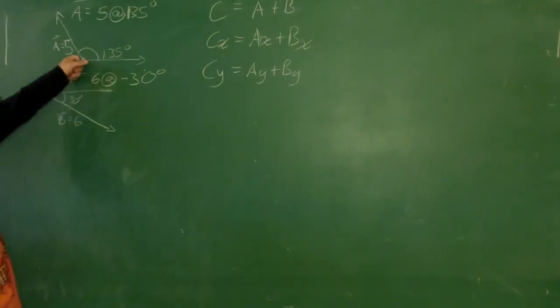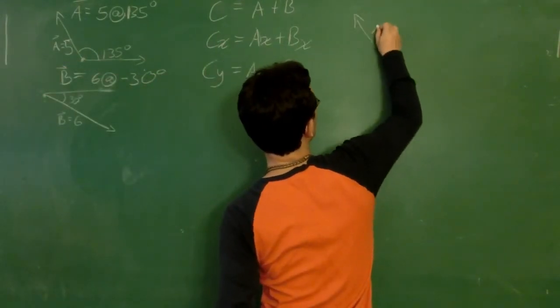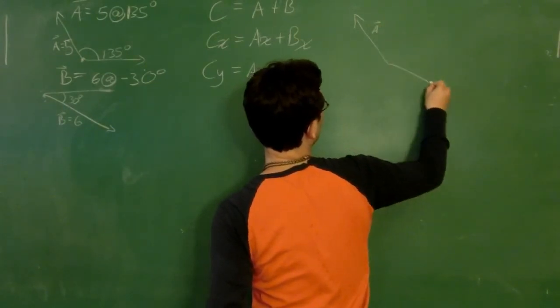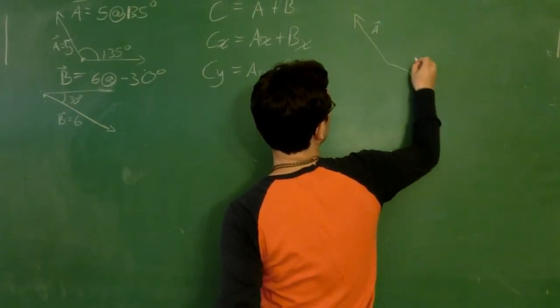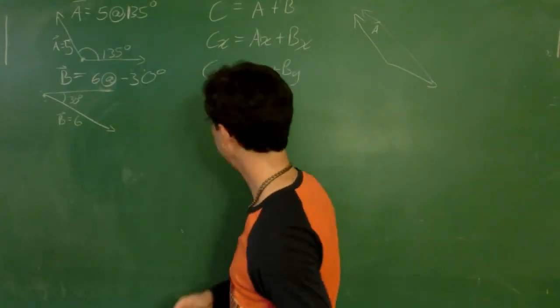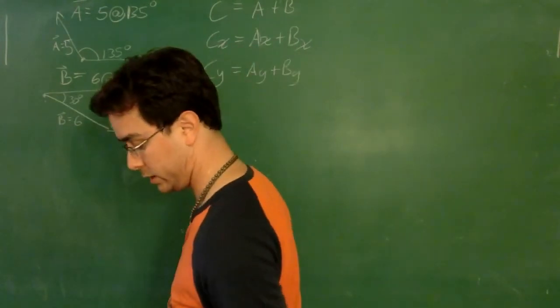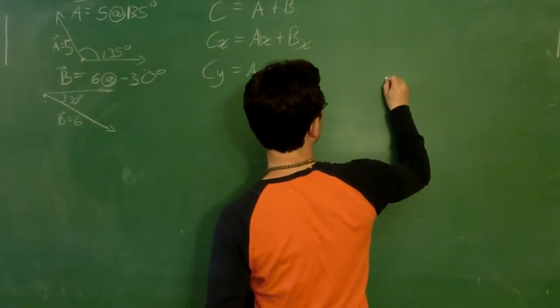If I try and add A and B together, if I draw them together, you can see here, this is A, B would be back down like this, and so the triangle that I end up with, oh, I'm sorry, that's not how you add them. I should draw it correctly if I'm going to show them added. It's tail to tip.